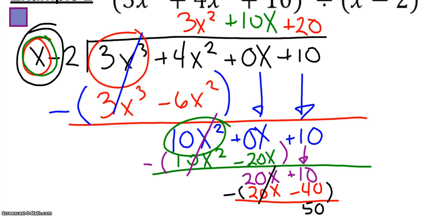Instead of writing r for remainder, we put it just like we did in our first example. We put plus 50 over our divisor, which was x minus 2. Well, we got a little messy there, but we got the problem done. Your answer is 3x squared plus 10x plus 20 plus 50 divided by x minus 2.